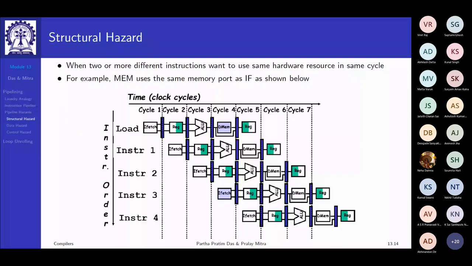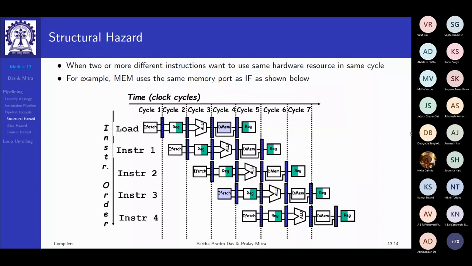Now, let us see what are the different hazards that you can have. So first, the structural hazard. Structural hazard is, as I said, primarily driven from the architecture. So it will happen when, say, you have 2 instructions in the pipeline, both of which in the same cycle want to use some common resource.